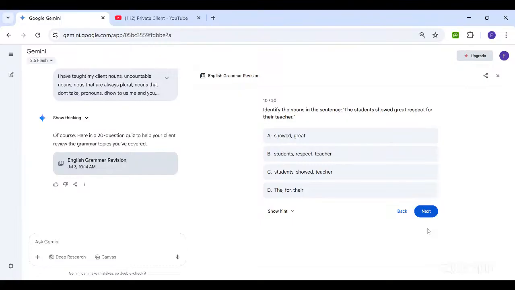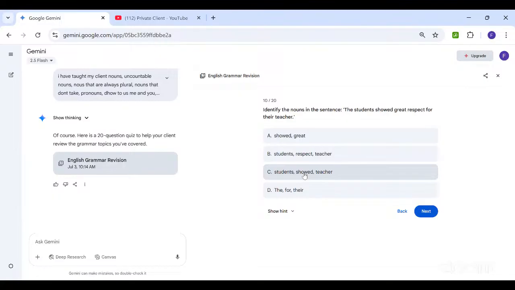Respect, teacher. It's either B or C. Student, respect, teacher. No, B is wrong. Okay, you said it's either B or C. Okay, the student showed great respect.